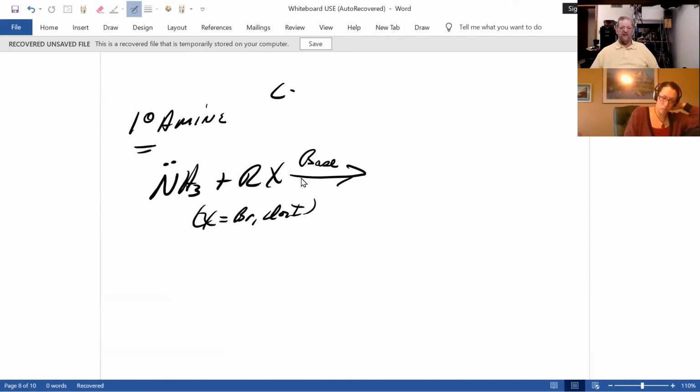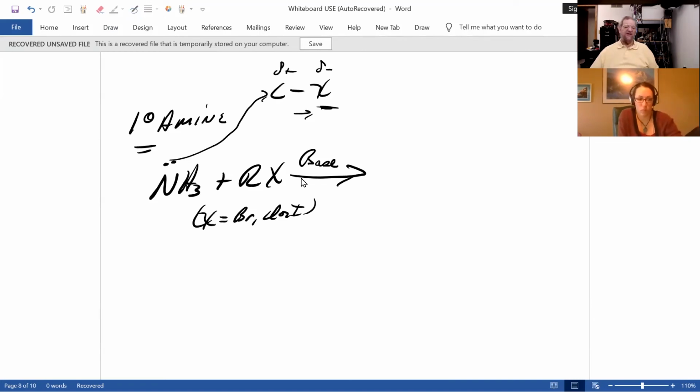If you have a carbon with a halogen on it, this is slightly positive, this is slightly negative, because this is more electronegative and shares the electrons closer here. Well, if you're a nucleophile, you're going to say, ooh, I'm going to attack you. And yes, organic chemists use that. And this nitrogen attacks the carbon with the halogen.